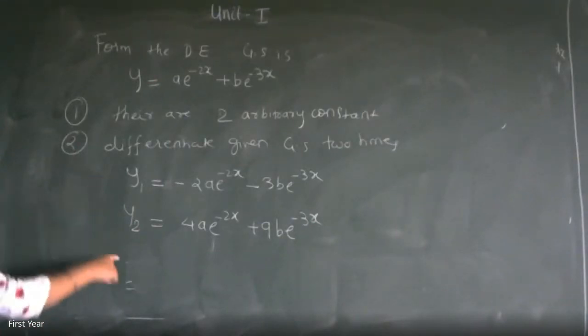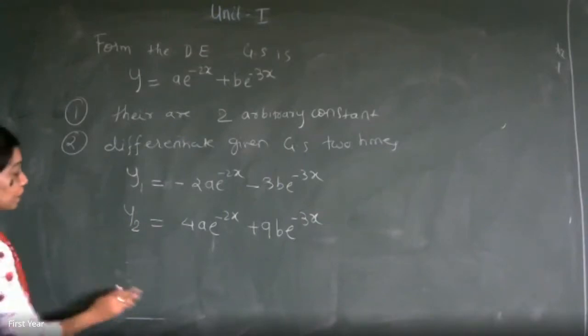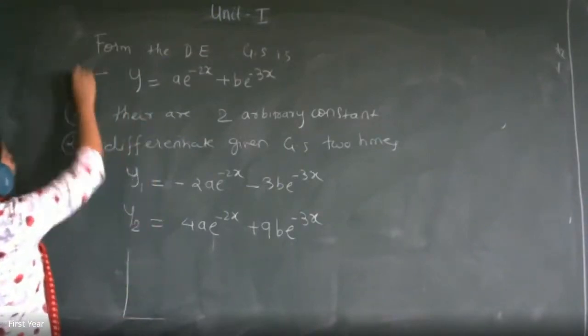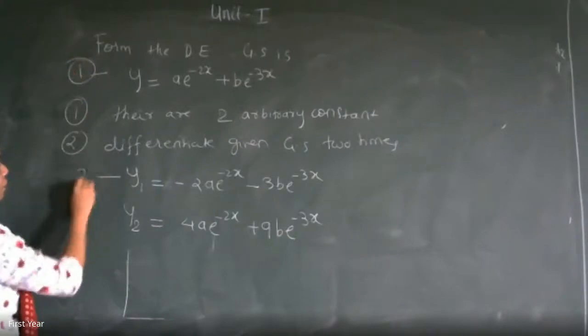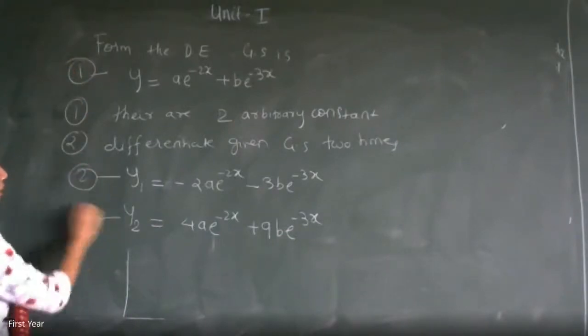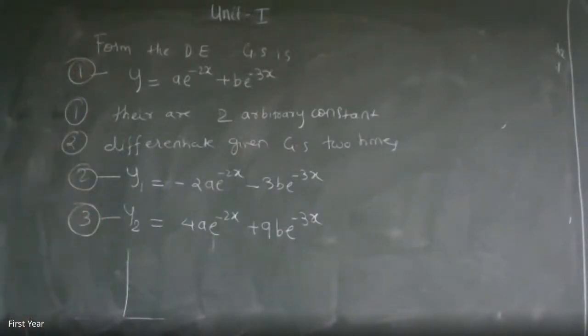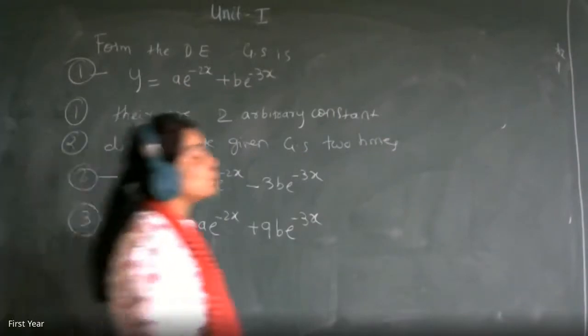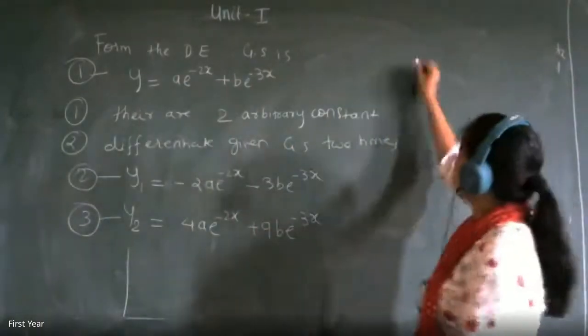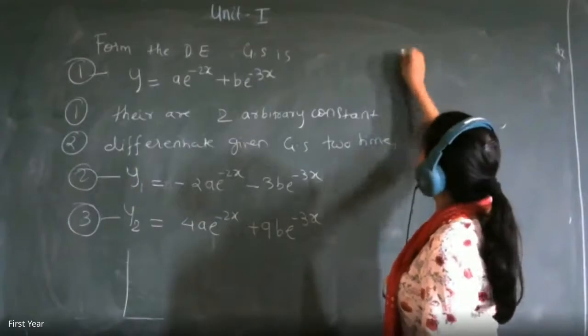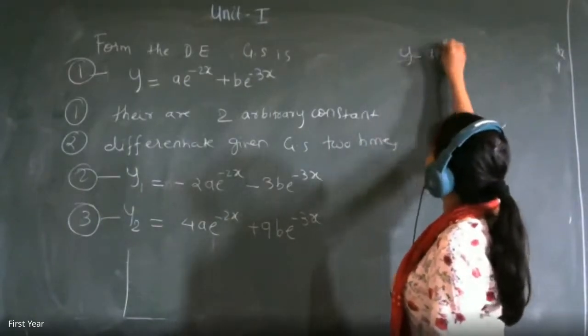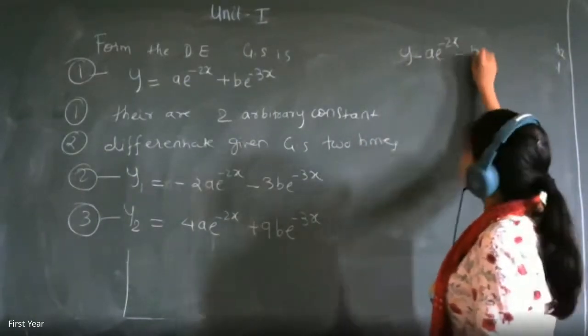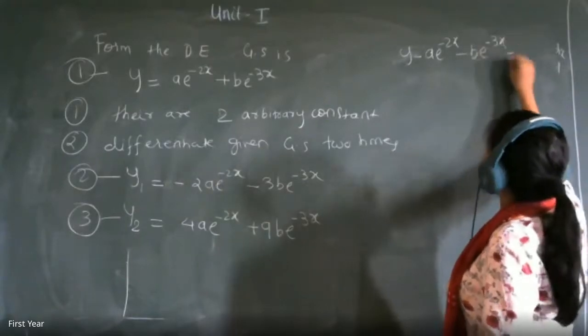There is a method of determinant. These are three equations: equation 1, equation 2, and equation 3. We solve these three equations by the determinant method, writing them in homogeneous form: y minus a e^(-2x) minus b e^(-3x) = 0, y1 plus 2a e^(-2x) plus 3b e^(-3x) = 0, and y2 minus 4a e^(-2x) minus 9b e^(-3x) = 0.